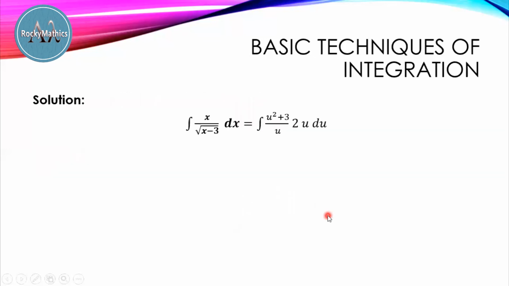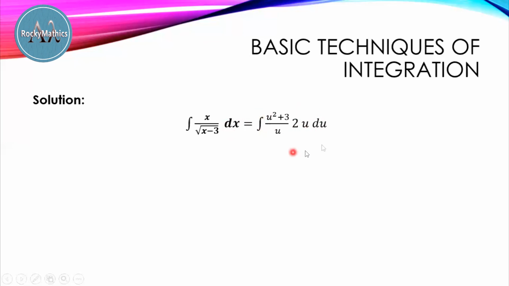Okay? So by substitution, the integral of x over the square root of x minus 3 dx is equal to what? X, we have written as u squared plus 3, so we substitute it here. And the square root of x minus 3 is our u. And our dx, we have written as 2u du.